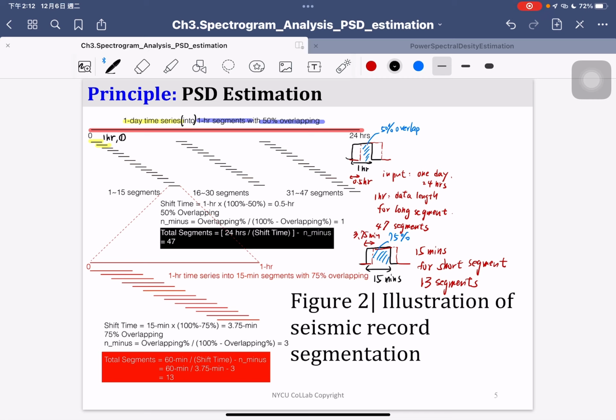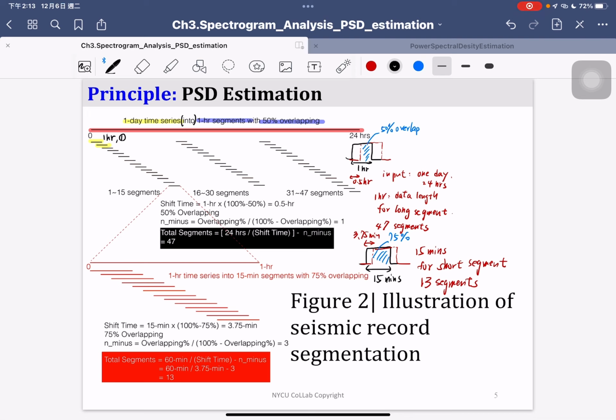After I decide the longer and shorter window lengths, I decide how many segments I have. For example, for 1 day of data, totally I have 47 segments of 1 hour data. Each 1 hour of data I can cut into 15-minute segments, and we will have 13 segments for the shorter window data.